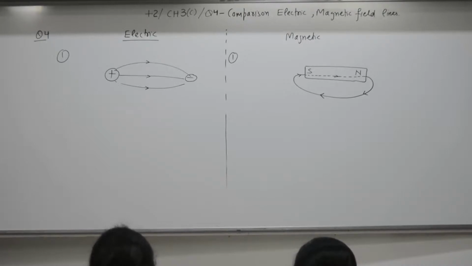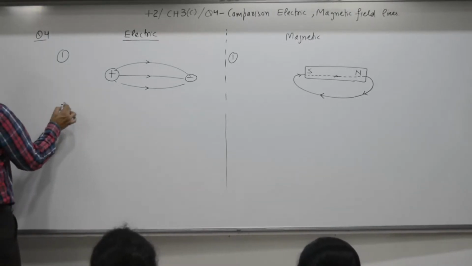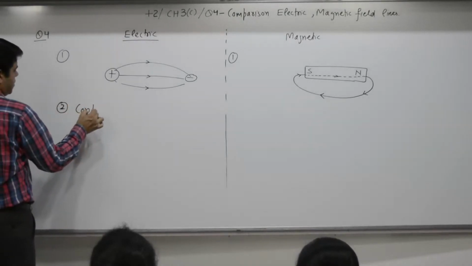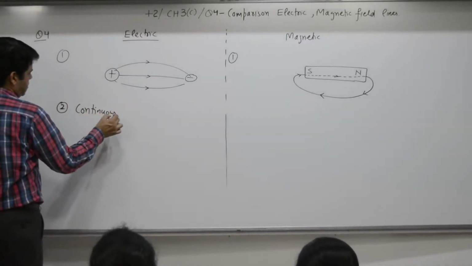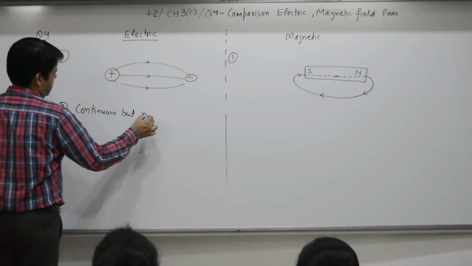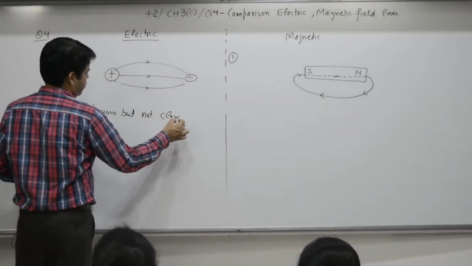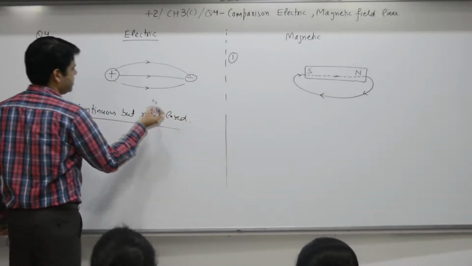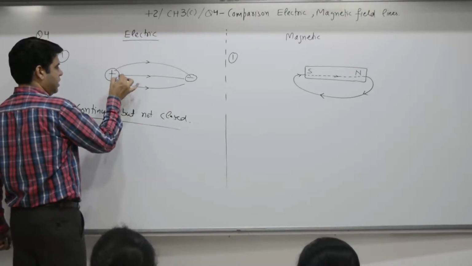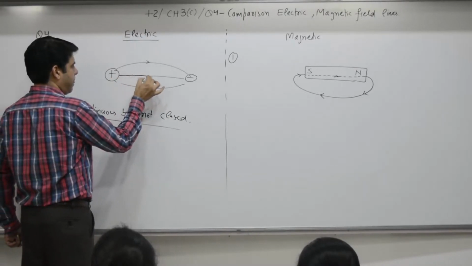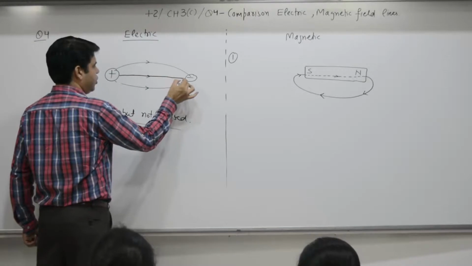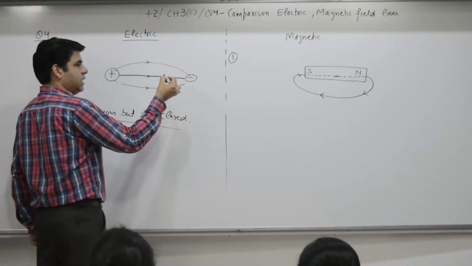Point number 2. Electric field lines are continuous but not closed. What do we mean by the term continuous? Continuous means when I draw it, I need not pick this marker.